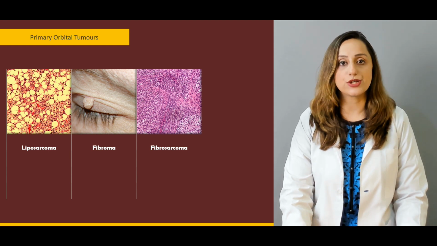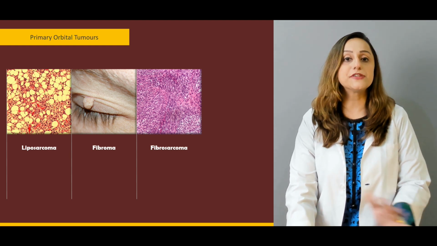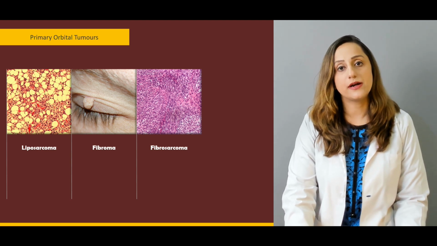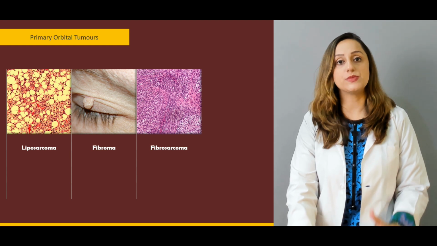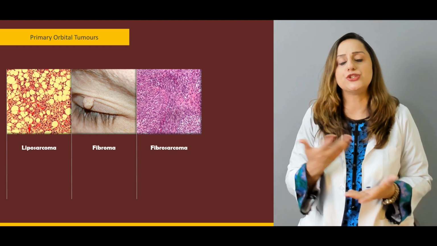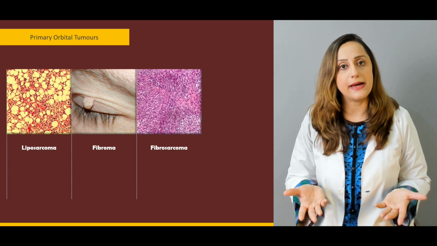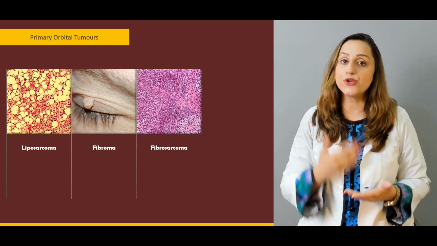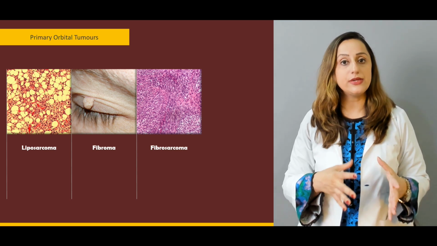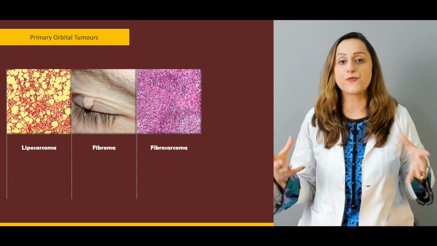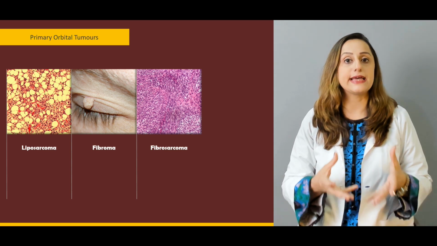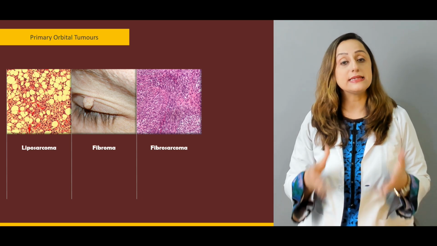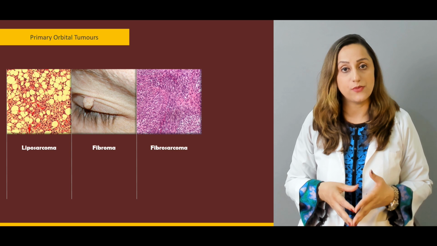So it's again very important that there is a differentiation between the benign and the malignant sorts of tumors when we are classifying a patient suffering from an orbital tumor. When he or she presents to you in an outpatient department and you diagnose a case of orbital tumor, you should know whether it is a primary tumor, a secondary tumor that has invaded from neighboring cavities, for example, the nasal cavity or the sphenoidal bone, or a metastatic tumor from distant areas of the body.